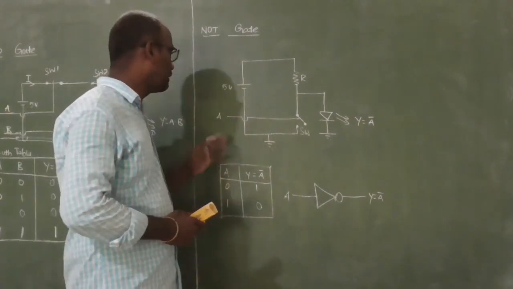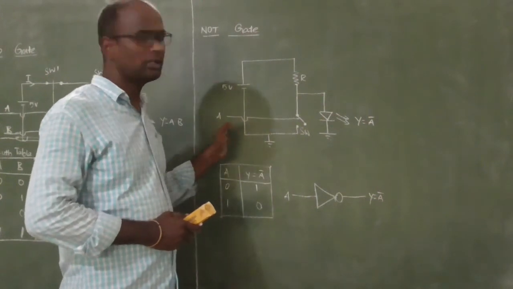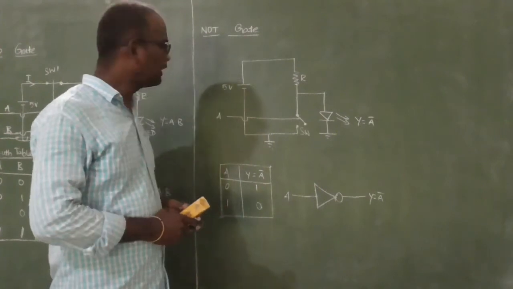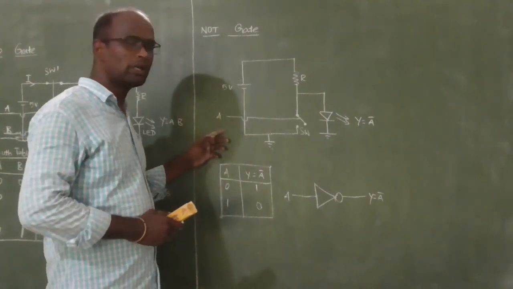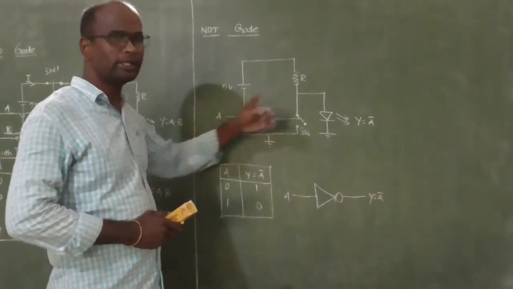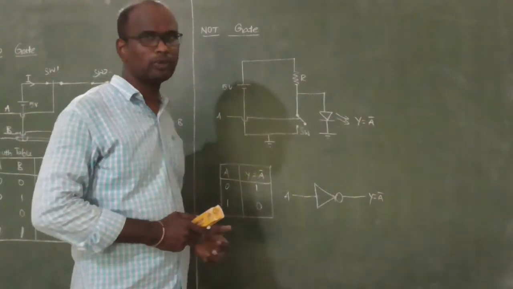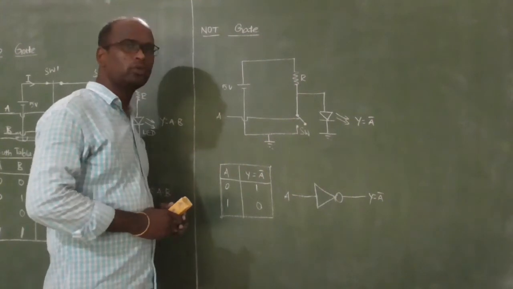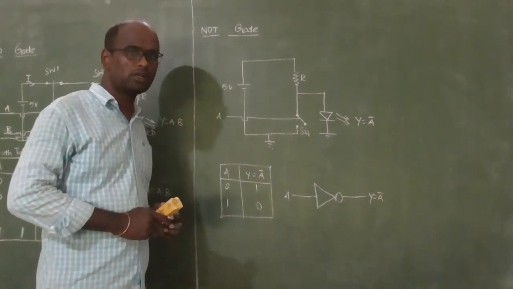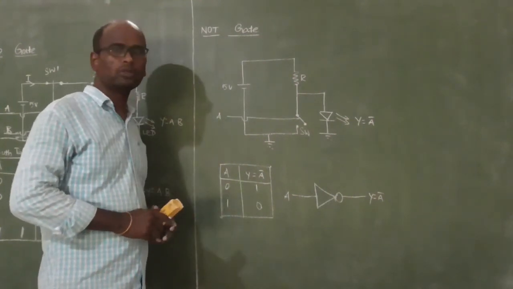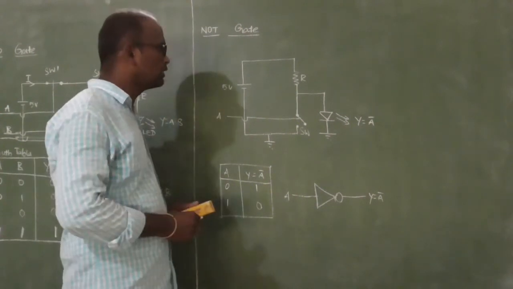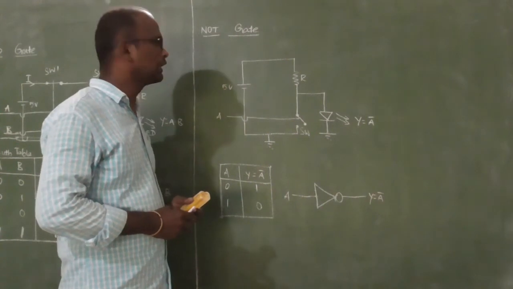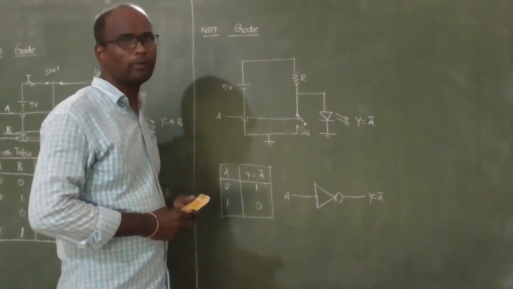If we apply a logic 0 at the input, then the NOT gate will provide logic 1 at the output. Similarly, if we apply logic 1 at the input, then we get a logic 0 at the output. So the NOT gate is providing the negative logic for the applied input. Here we consider only one input. For that input we are getting the negative output, that is the complementary output.